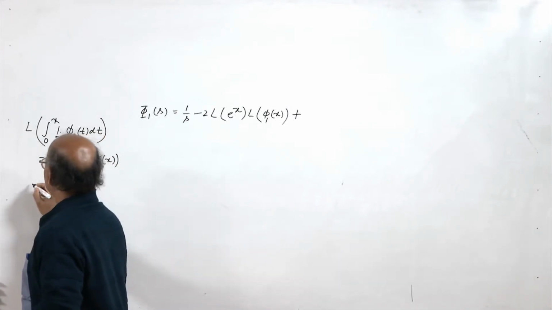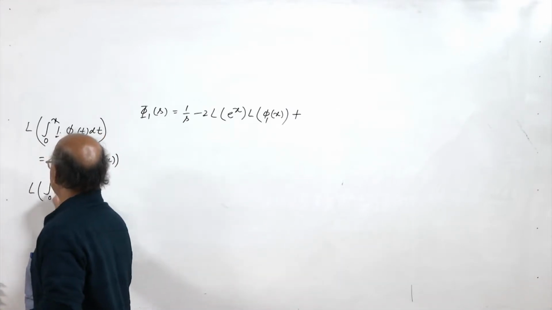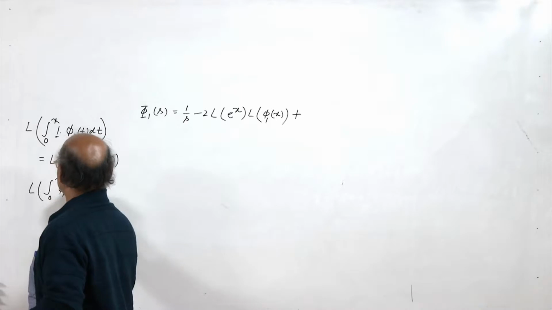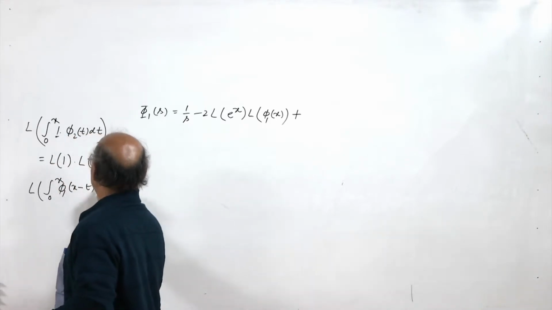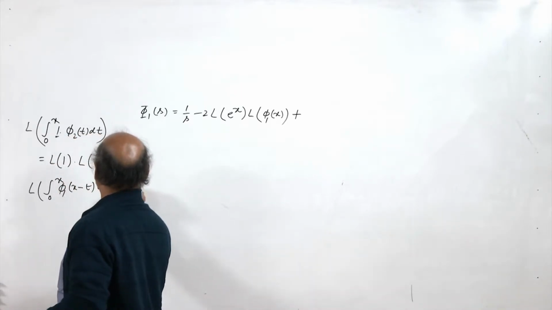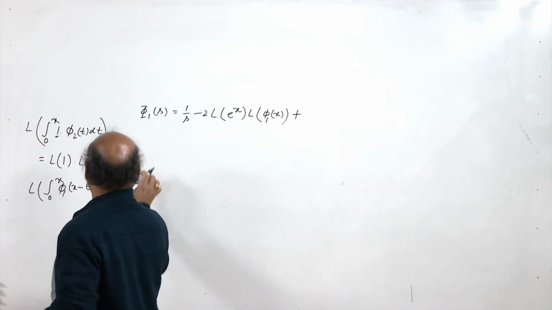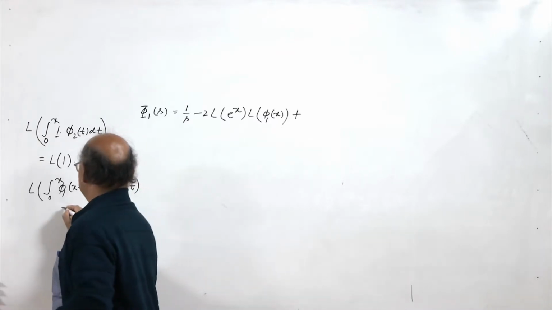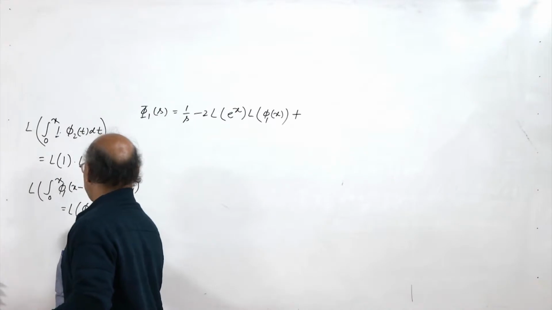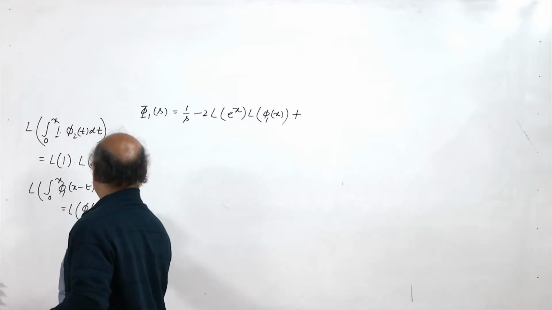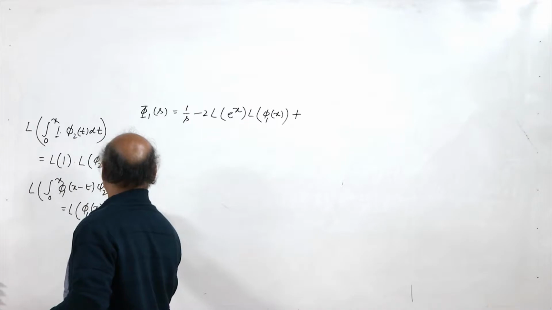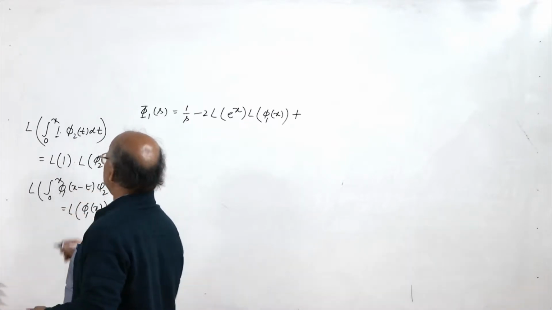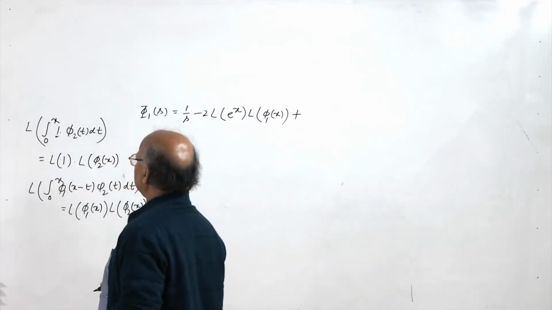What we are doing here: when we take the Laplace transform of integral 0 to x phi 1 x minus t phi 2 t dt, this is Laplace transform of phi 1 x into Laplace transform of phi 2 x. So, let us take phi 1 function to be the constant function 1.